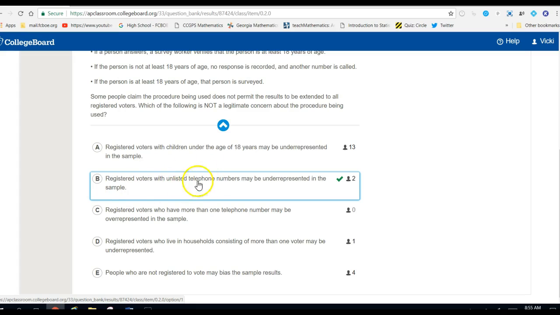So that's not what's going on here. You're not using a directory or a phone book. They're randomly creating numbers of 10 digits to make phone calls. So any number that's unlisted could actually be, and would actually be, included in the sample of numbers. So this is not a legitimate issue, because these unlisted telephone numbers can actually be contacted the way that they're doing it.